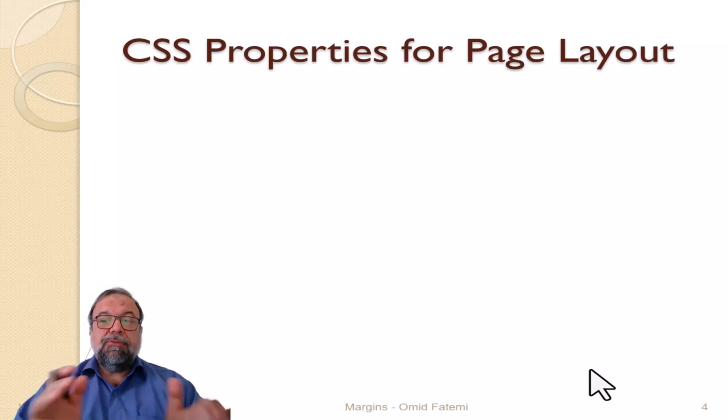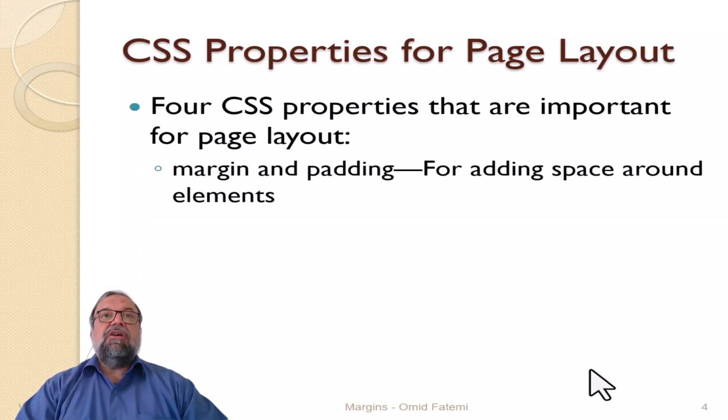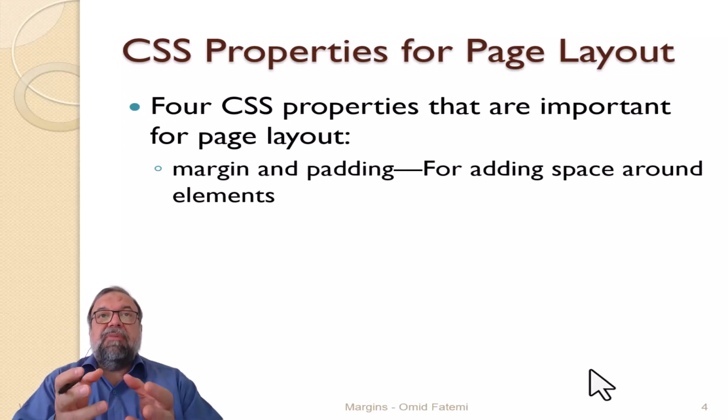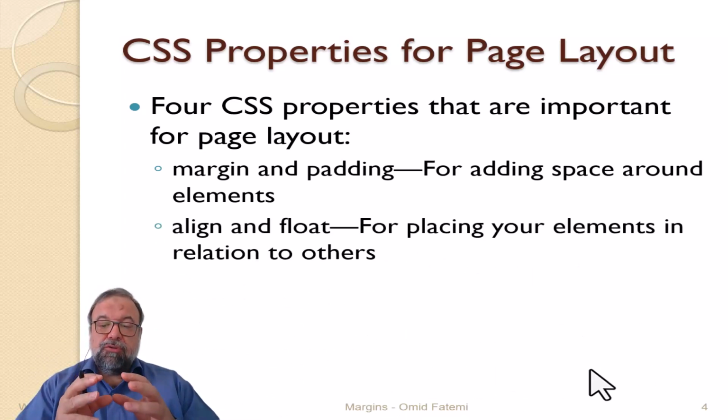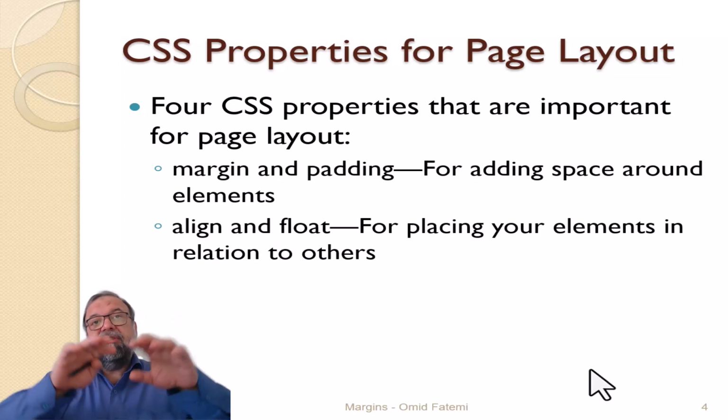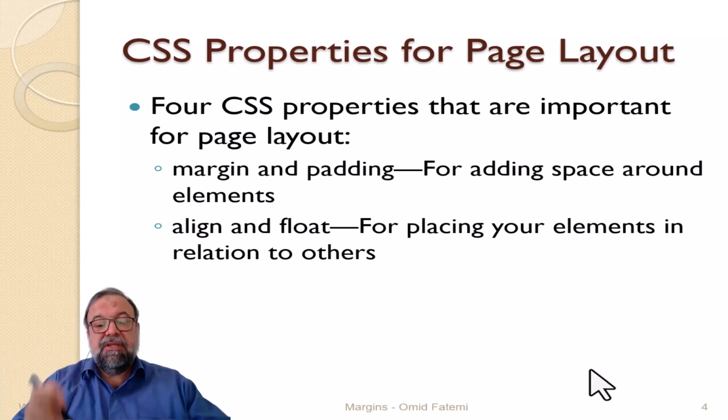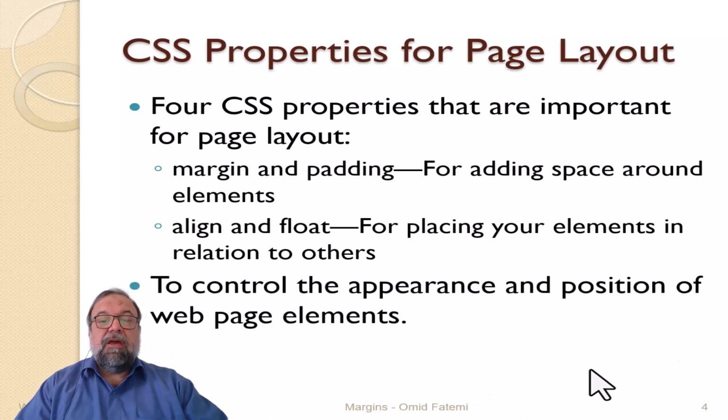For laying out all of the content in a web page, we use 4 main properties in CSS. The first 2 properties, which try to add space around an element, are margins and padding. The next 2 properties are used to place the element in relation to the other elements in the page, which are align and float.